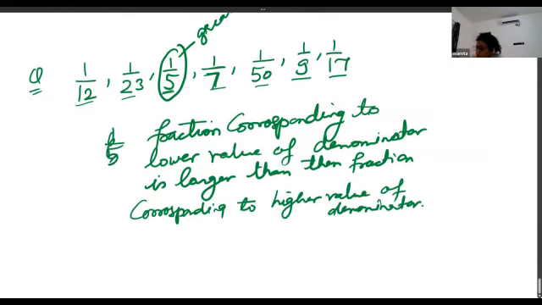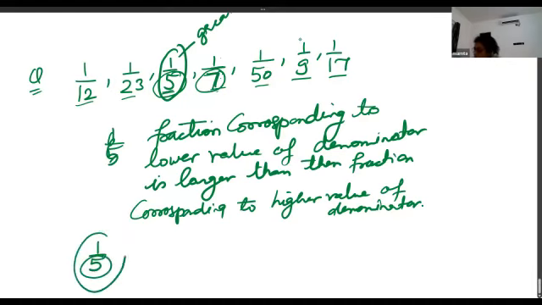Children, if the numerator is the same, we can compare by seeing the denominator. In 1 by 5, 5 is minimum among all the denominators.